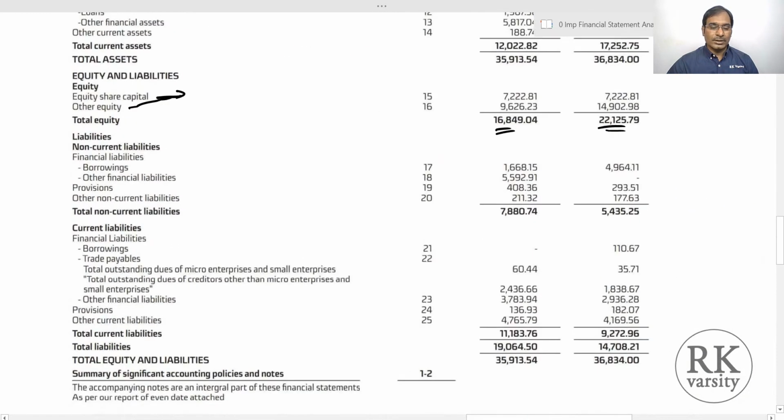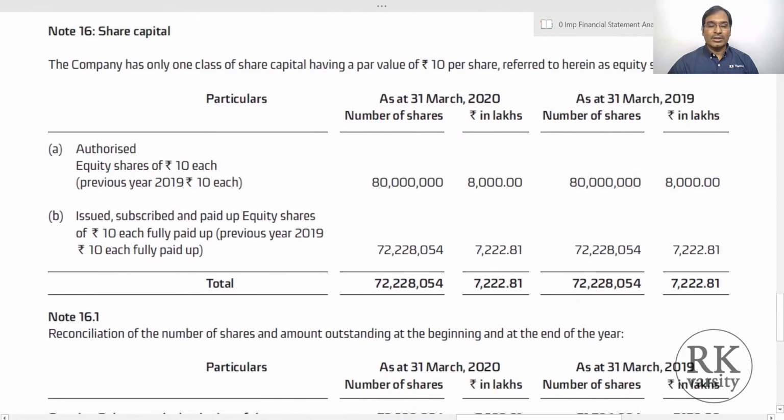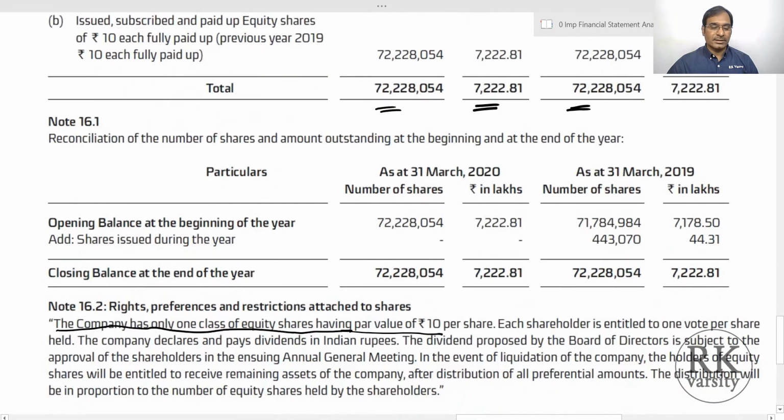Here you have the notes to the annual report. The issued and subscribed equity share capital is 7,222.054 lakhs. The number of shares are here and the amount is here. There is no change in issued subscribed equity capital, that is 7,222 lakhs for both financial years.